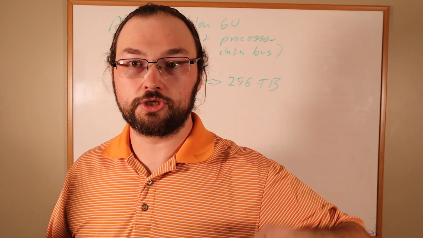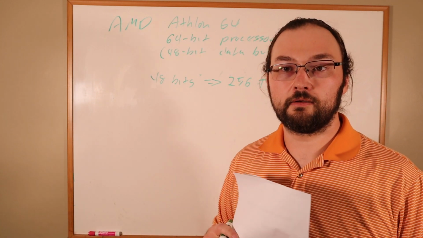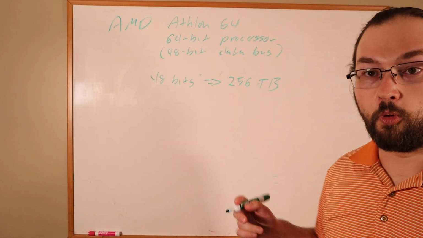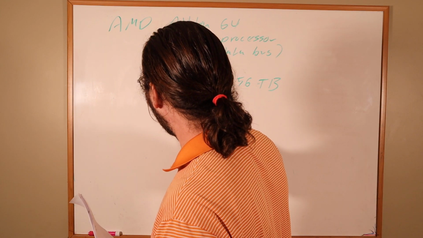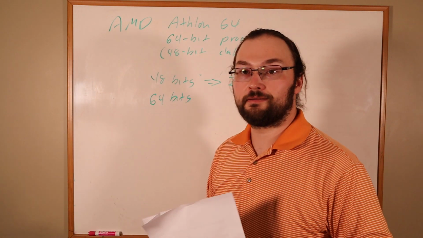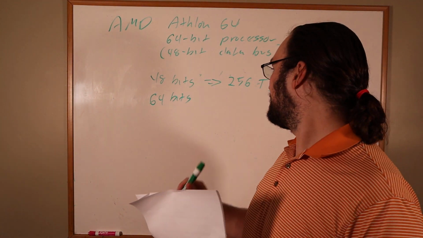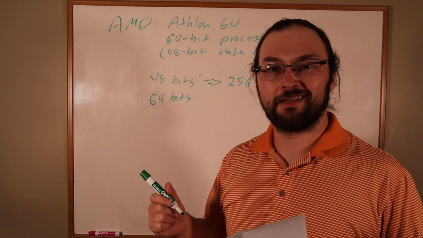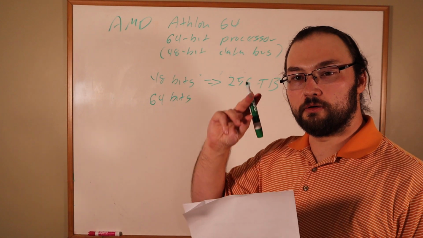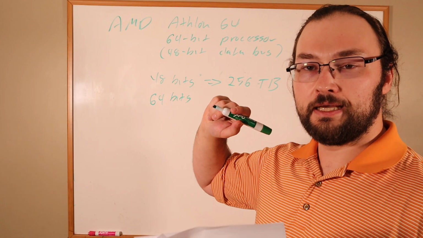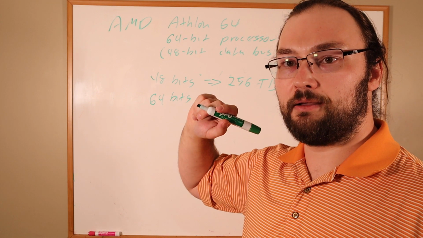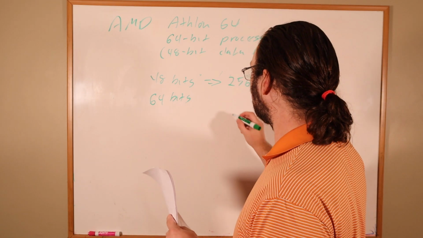It's not fine for large cases nowadays. It turns out that Intel is shipping processors with more now. But the limit in software was 64 bits. T is terabytes; terabyte, petabyte, exabyte.